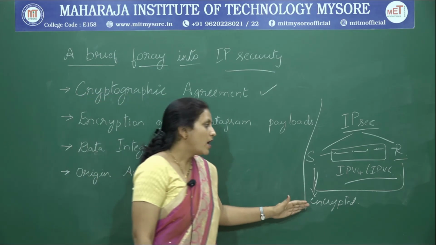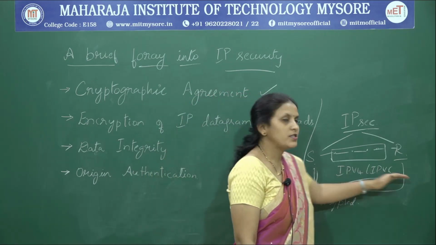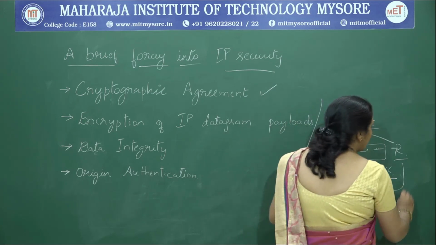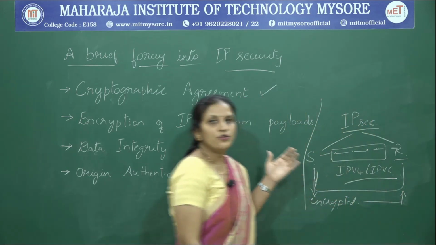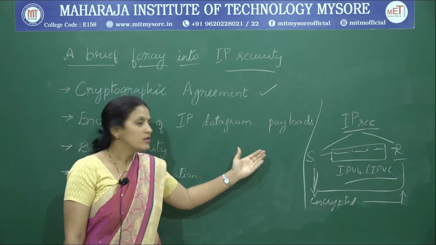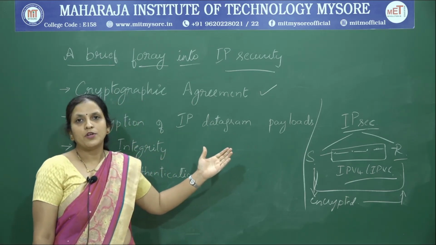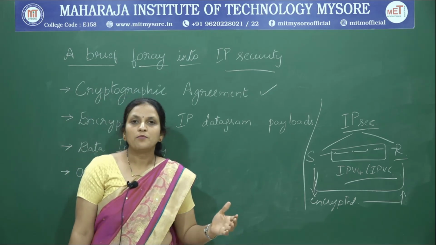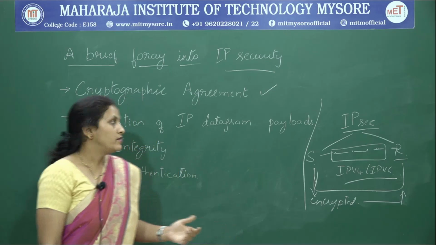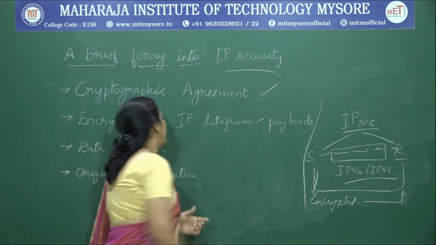It is encrypted and transferred, and at the receiver end it is decrypted using the decryption algorithm. So during the transmission of data from sender to receiver, the chances of the data being corrupted are less because of this encryption mechanism. This is the second functionality.